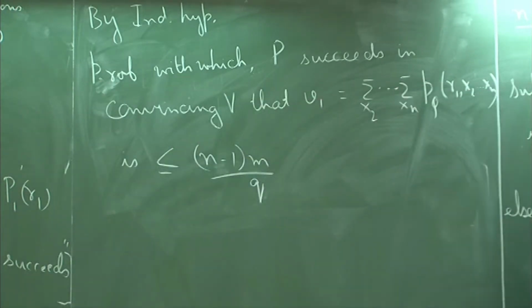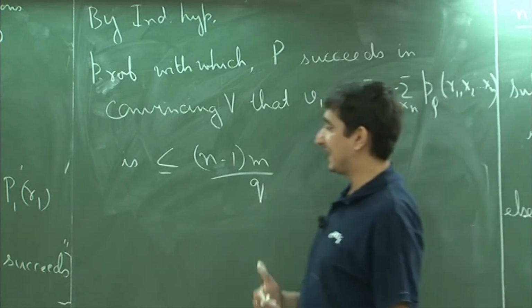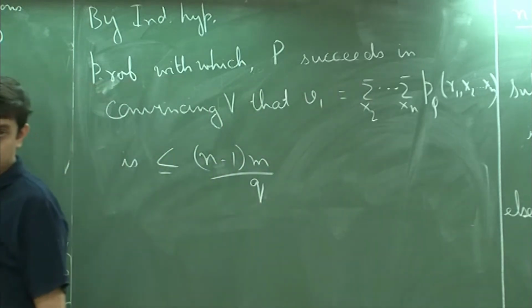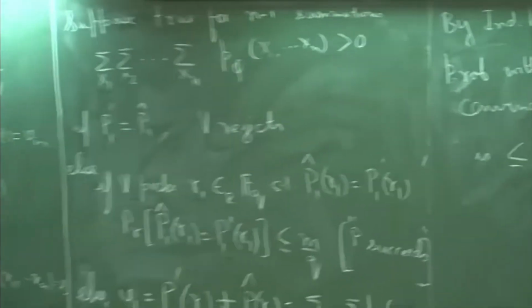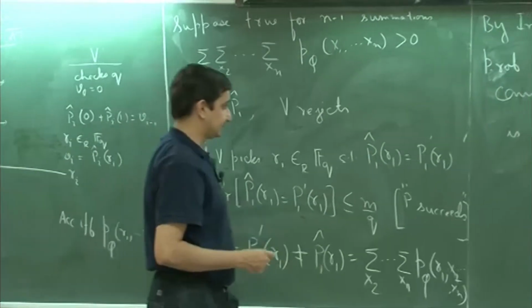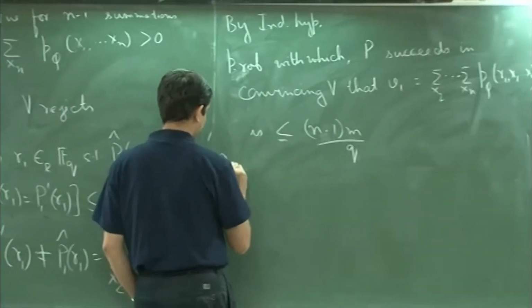So, we want to show that, so I had erased claim 2, but the probability with which V accepts is n m by q. Our hypothesis is that this is at most n minus 1 m by q, but what is the total probability that V accepts?